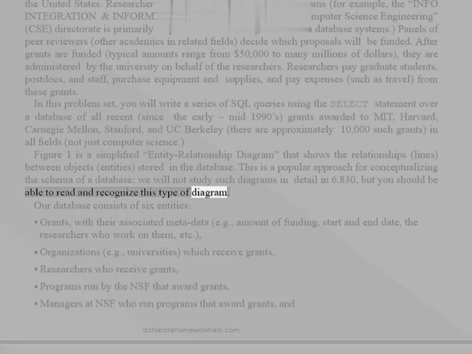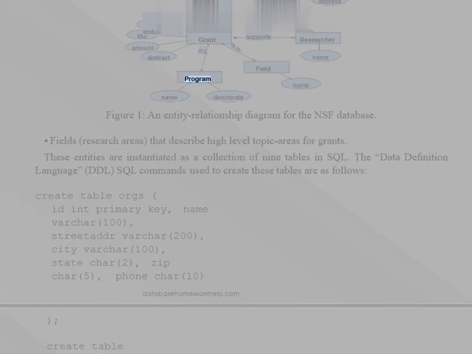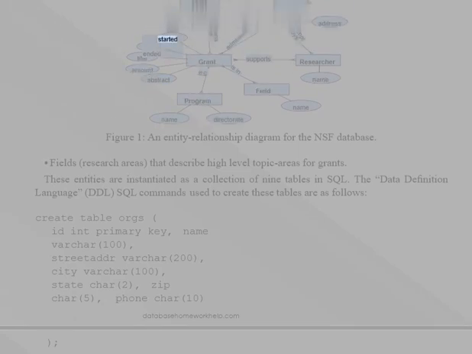type of diagram. Our database consists of 6 entities: grants, with their associated metadata, for example amount of funding, start and end date, the researchers who work on them, etc.; organizations, for example universities, which receive grants; researchers who receive grants; programs run by the NSF that award grants; managers at NSF who run programs that award grants; and fields, research areas, that describe high-level topic areas for grants.